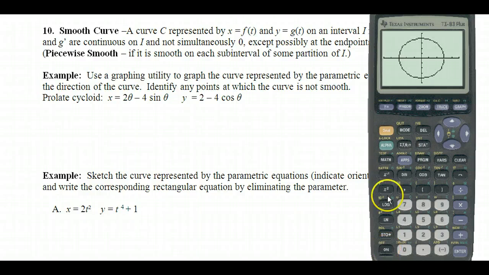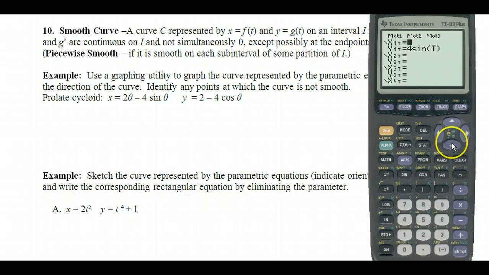They should be in radians. Clear that stuff out. Type everything in. We have x equals 2 theta minus 4 sine theta, and our y is going to be 2 minus 4 cosine theta.